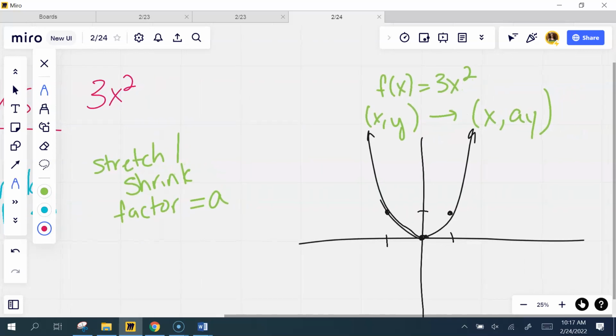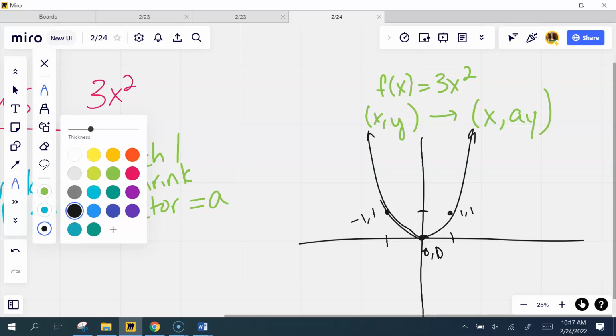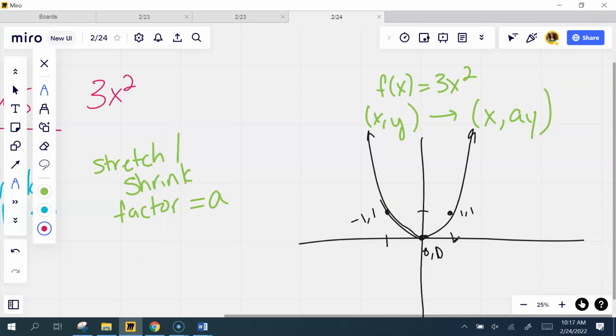Now if I want to graph 3x squared from my parent, this says take every point that was on my parent graph: (0, 0), (1, 1), (negative 1, 1). And to find the new point, I keep the x the same, but I take every y value and I multiply it by a. What is a? 3. So (0, 0) becomes still (0, 0), right?